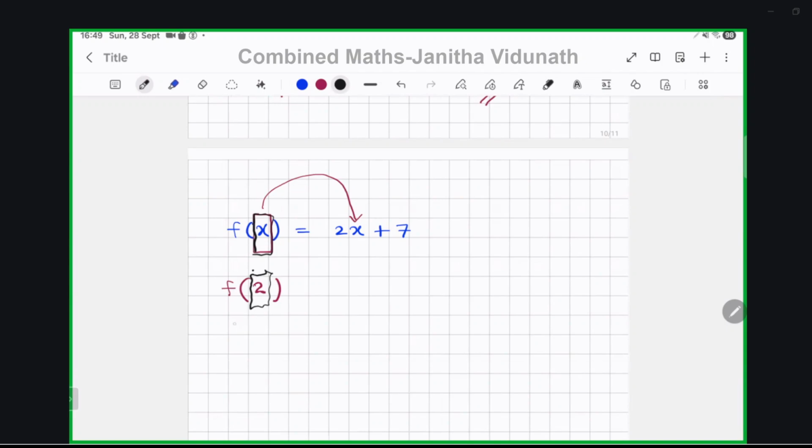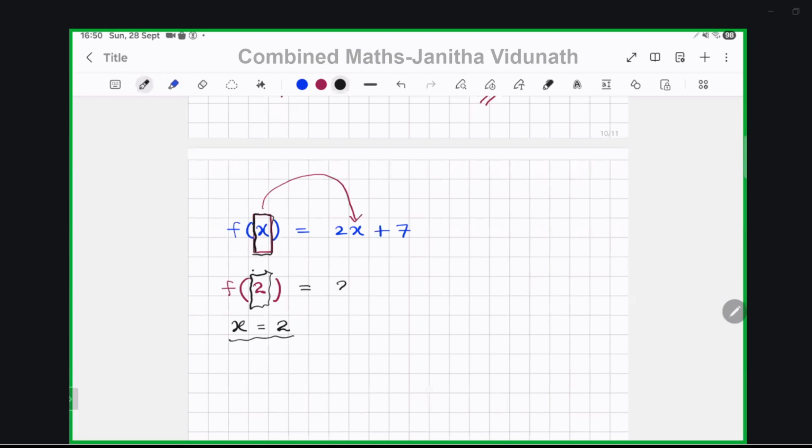That means we can think x is substituted by the number 2. That means we need to put 2 whenever we find the term x. Whenever we find a term x, we need to substitute that value.